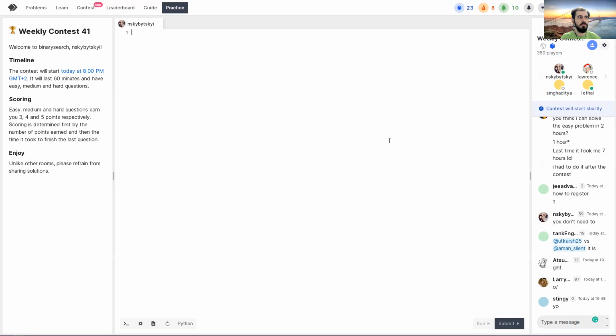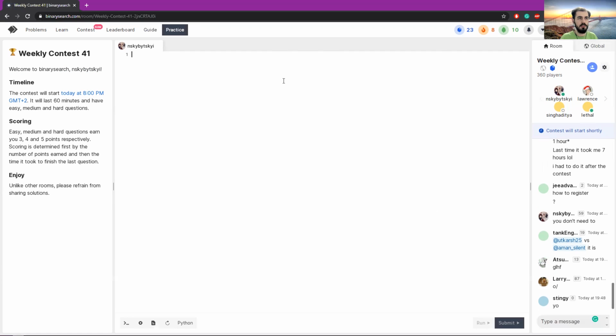I believe we don't have to refresh the page, and it will automatically restart. But we can refresh in a separate tab so that we see whichever one starts first.